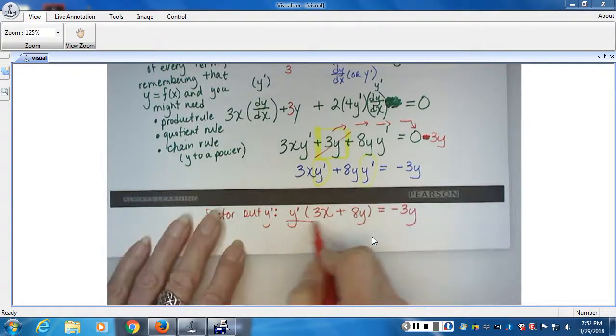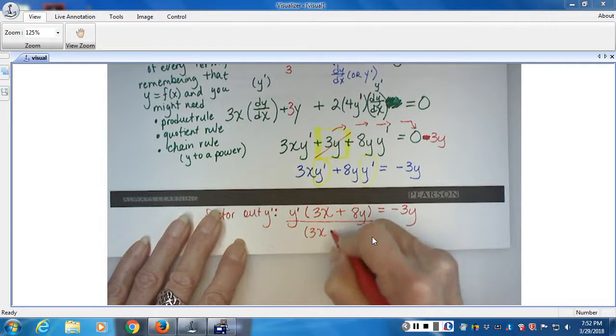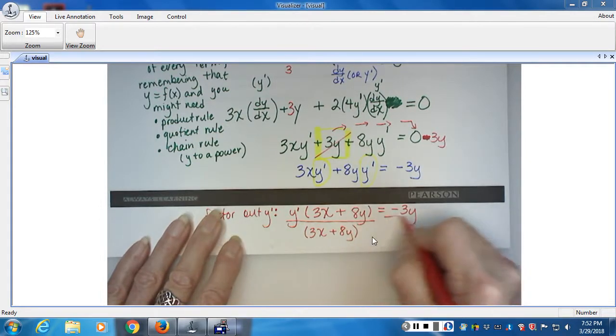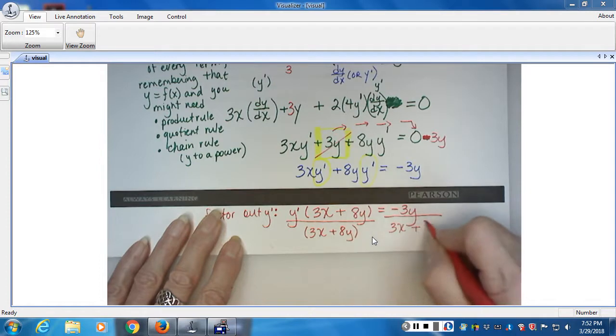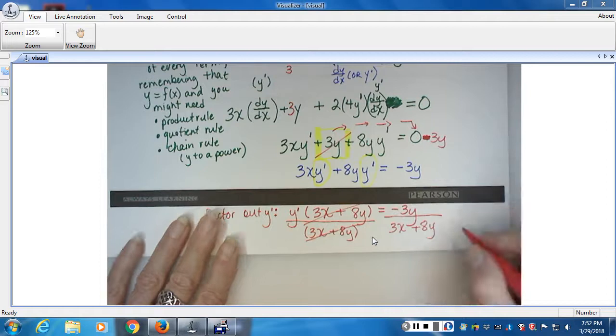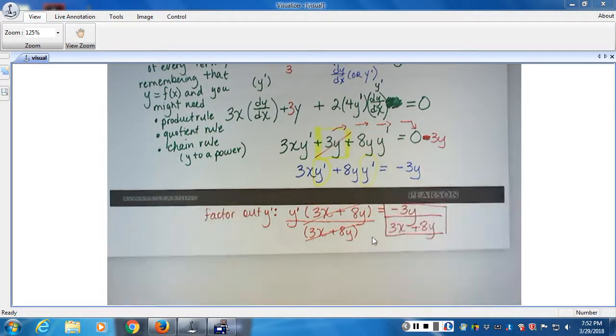Look what happens if I divide both sides by what's not got y prime in it. There's your expression for y prime. There's your derivative.